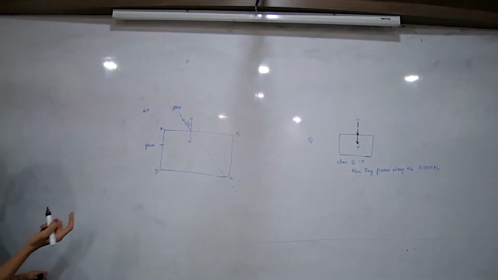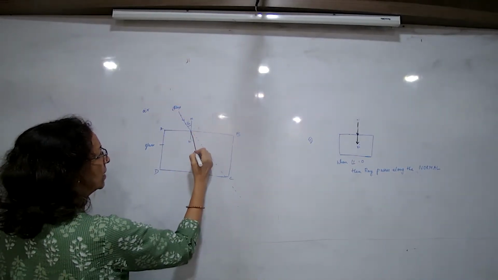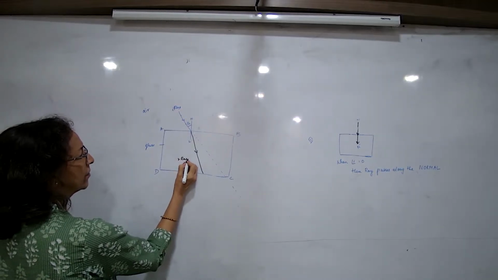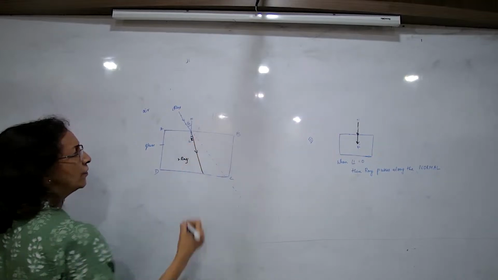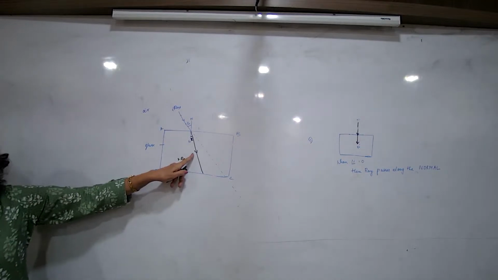Air to glass, what will happen? It will bend. Towards or away? Towards. It is bending towards the normal. So this is our refracted ray, and this is our angle of refraction, angle R. We have to put an arrow there to show that it is a ray.